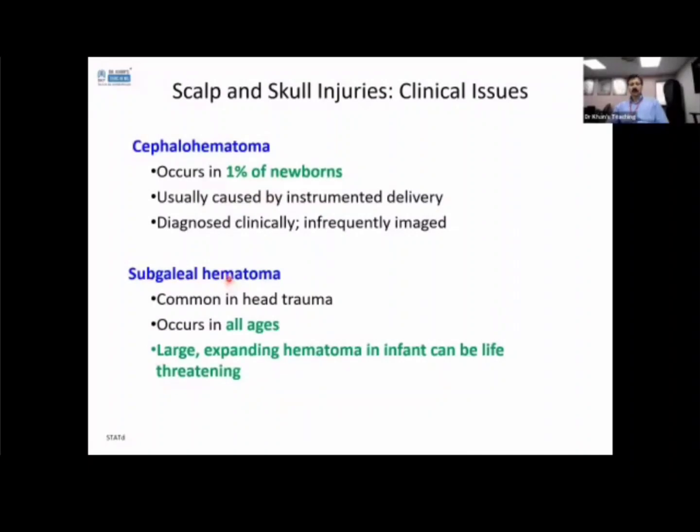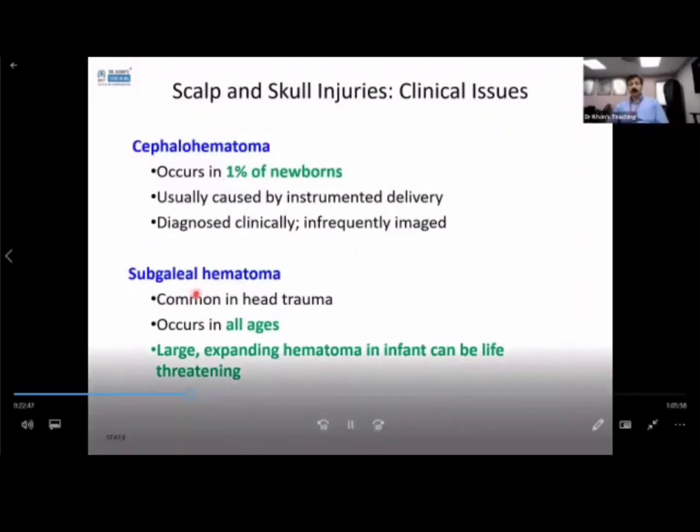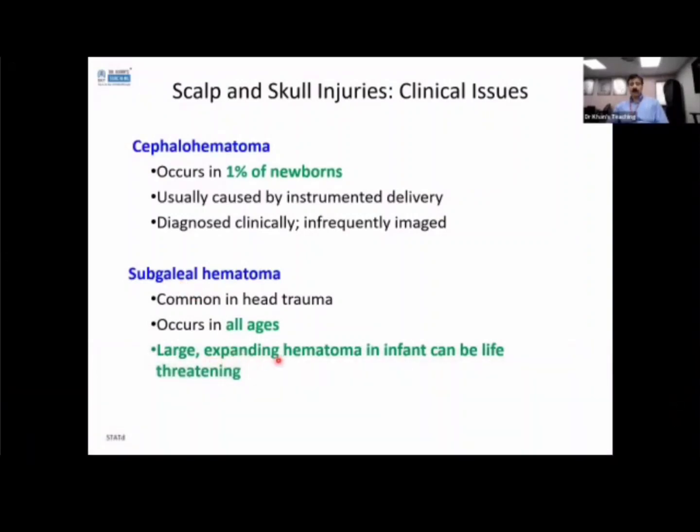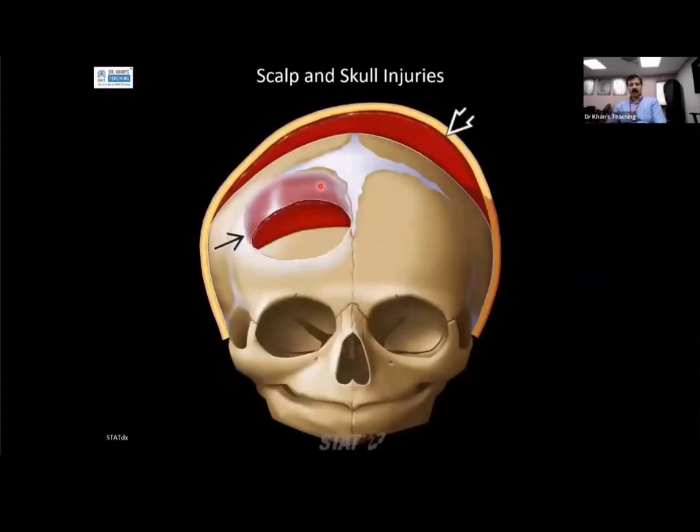This word should be in your vocabulary. And please remember that sometimes in infants, a subgaleal hematoma can be clinically significant. It can become so large that it can cause life-threatening effects.